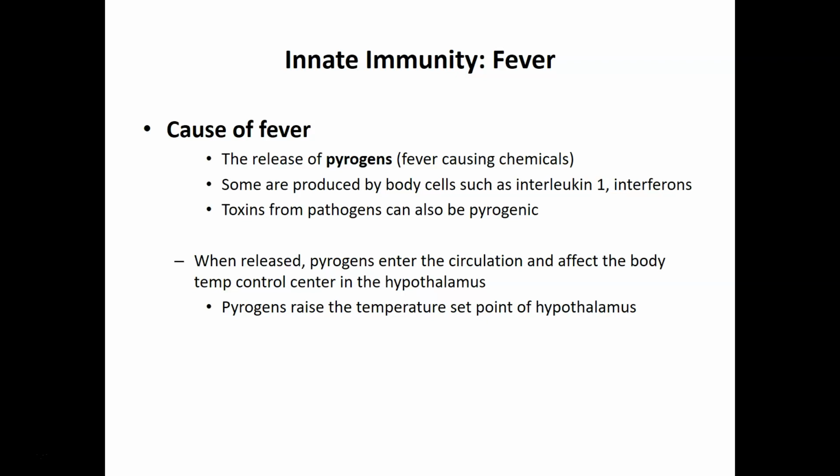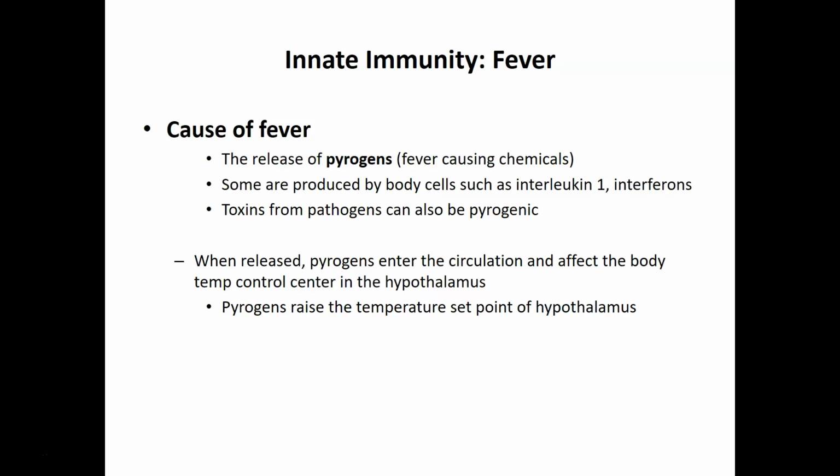It doesn't matter really what their origin is, but when they're released, they will enter into the circulation and eventually they will circulate to the hypothalamus. The hypothalamus is the body temperature control center of the body. So normally it sets body temperature at 37 degrees centigrade, 98.6 degrees Fahrenheit.